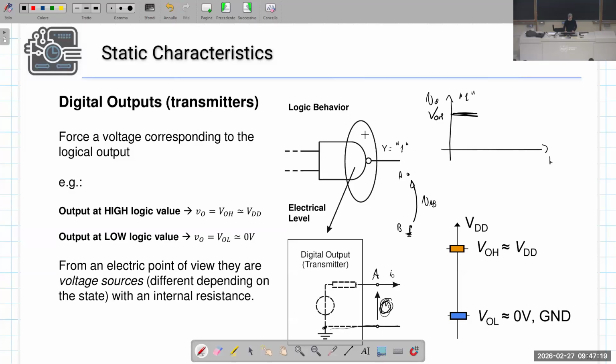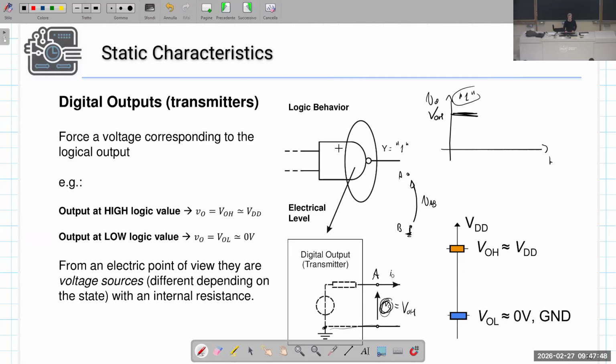So if the digital output is supposed to force a high logic level, it means that inside this gate there should be a circuit that forces this voltage to a level called VOH. And typically this level corresponds to the supply voltage of the circuit.